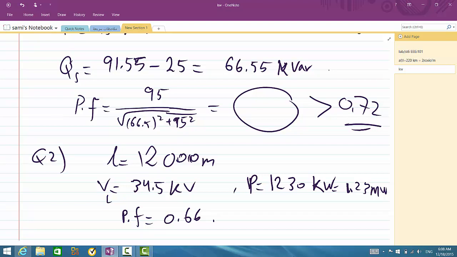The question is, determine the reactive power drawn by the industrial plant from the primary feeder.